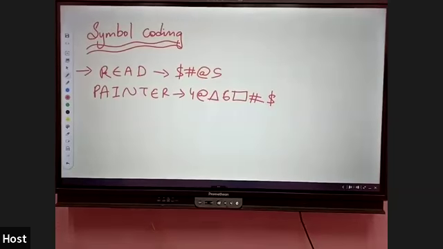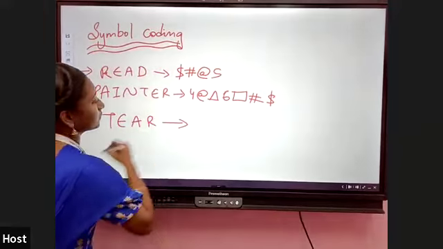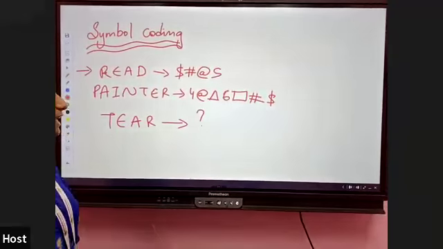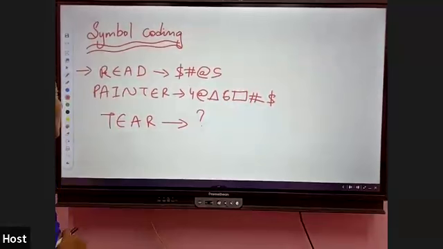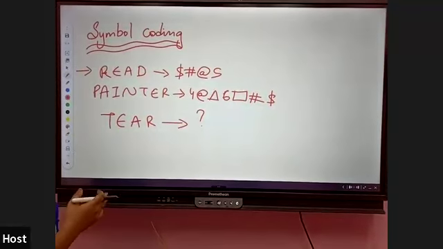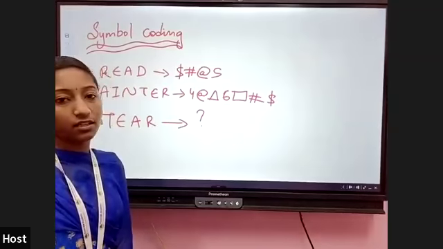So we should find the code for tier. They gave the code for read as $#@5, and the code for painter as 4 @ triangle 6 square hashtag and dollar.